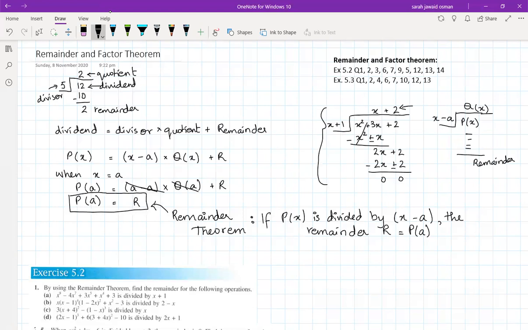And how do we go about applying this remainder theorem? We will understand that later on in this video once we start doing exercise 5.2.